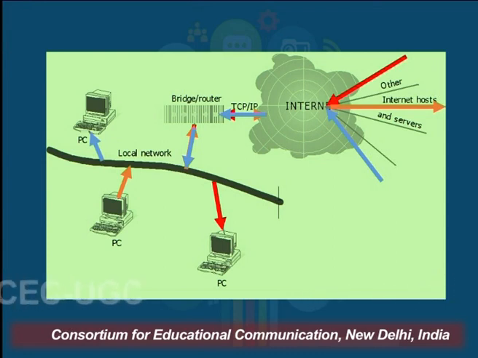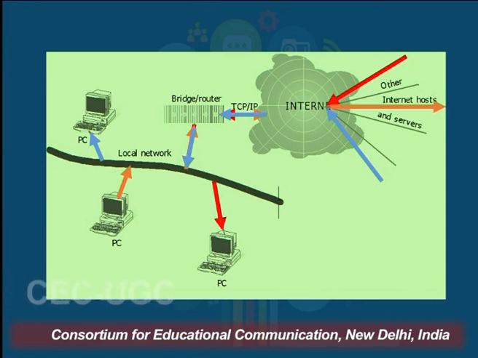So if a computer has to send some data to another host, it has to go from the local network, then the local network will send it to the router of the service provider, and from the router of the service provider it goes to the internet, and there further it is passed on. At the source the data is divided into packets.